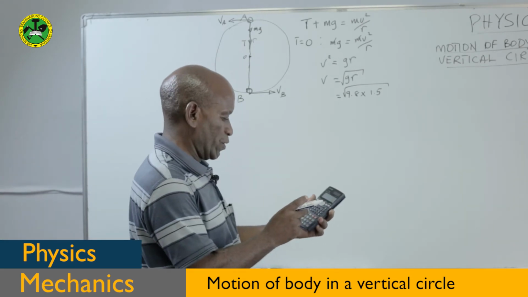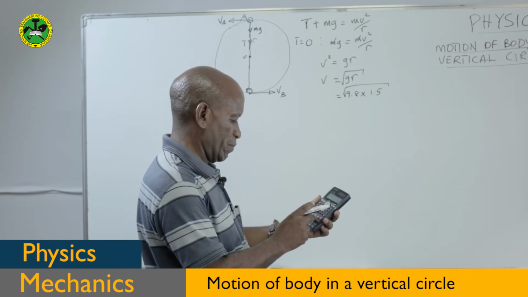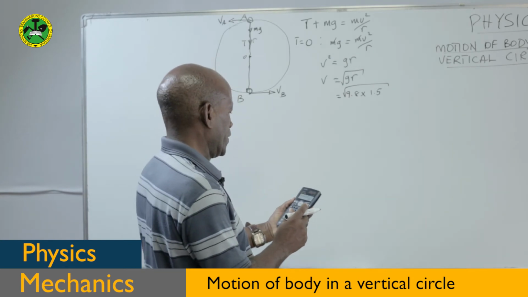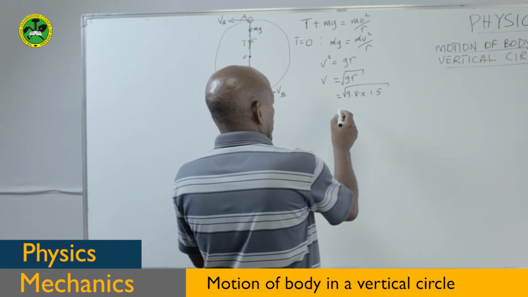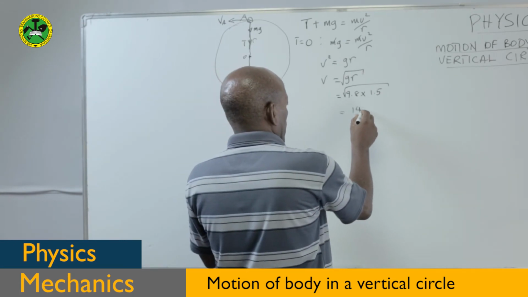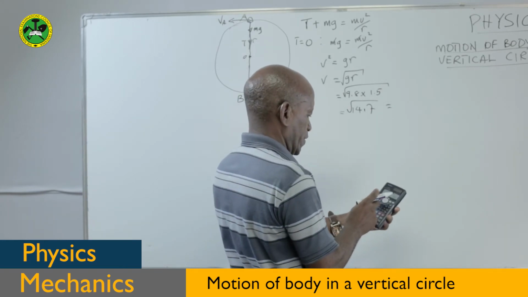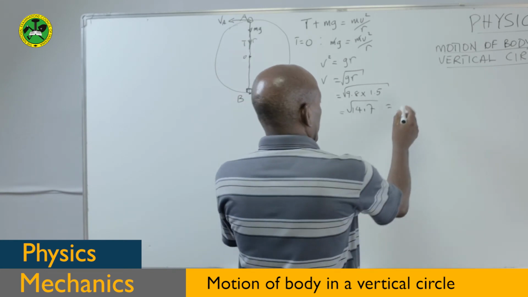Computing this using your calculator, you take 9.8 times 1.5, you get 14.7. The square root of that is equal to 3.83.